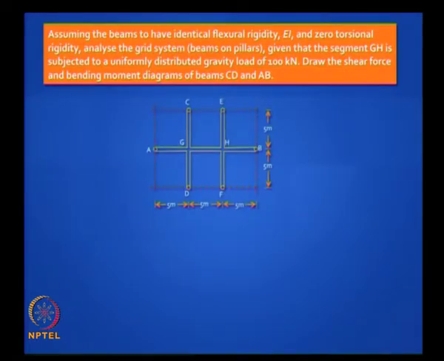Let's take a more difficult problem, and we'll stop this section with that. Let's say you have a hall, a room with a grid of beams like this. It's symmetric, okay, grid of beams. So you have one long beam from A to B and two shorter beams, and let's say they are simply supported.